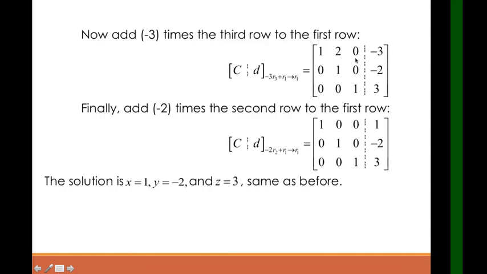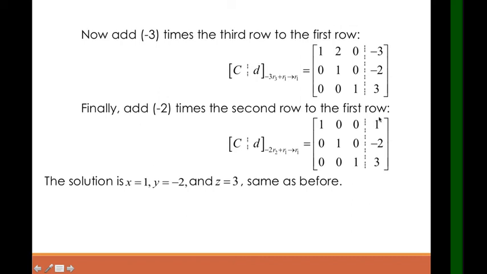Ito yan. And finally, we want to cancel this 2 para maging 0 yan using reduced row echelon form. So, multiply natin si 1 ng negative 2. So, we have negative 2. Ito yan. So, negative 2 times r sub 2, which is 1, is negative 2 plus 2 is 0. And then 0 na to, syempre. And then negative 2 times negative 2 is positive 4 plus negative 3 is 1.